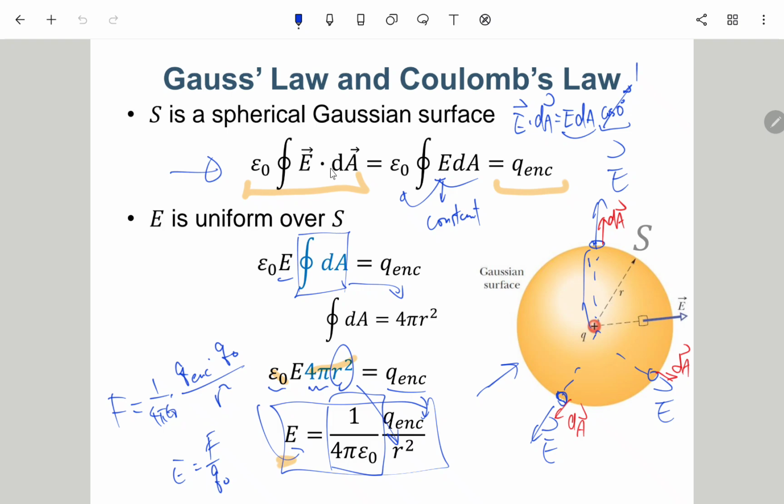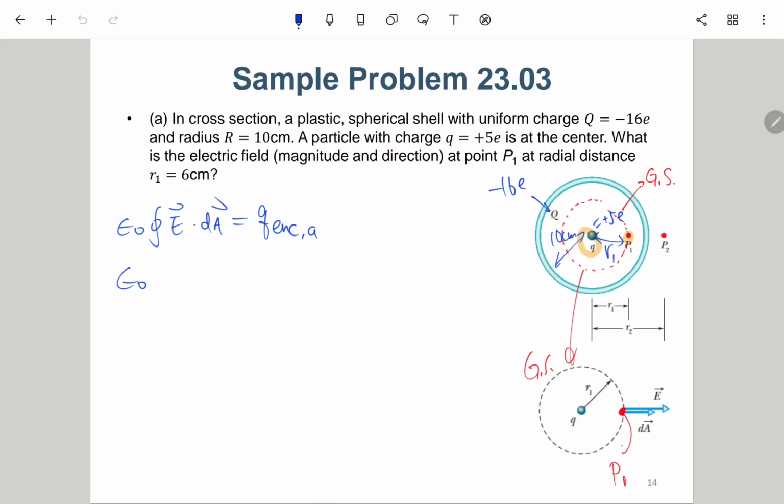And E and dA are pointing to the same direction, so this dot product becomes a simple product, and then E is constant. So this E can be put outside. So similarly, we can do the thing like this: integration of dA.